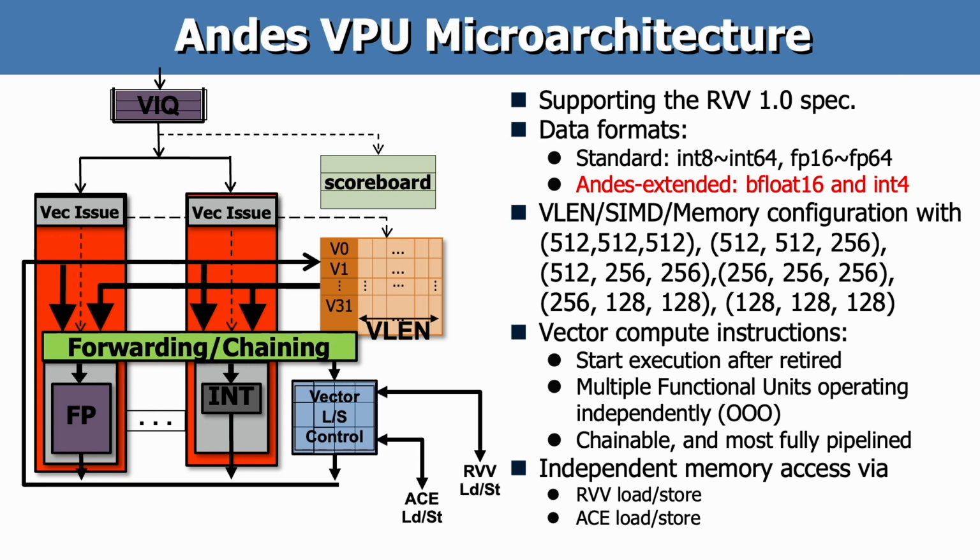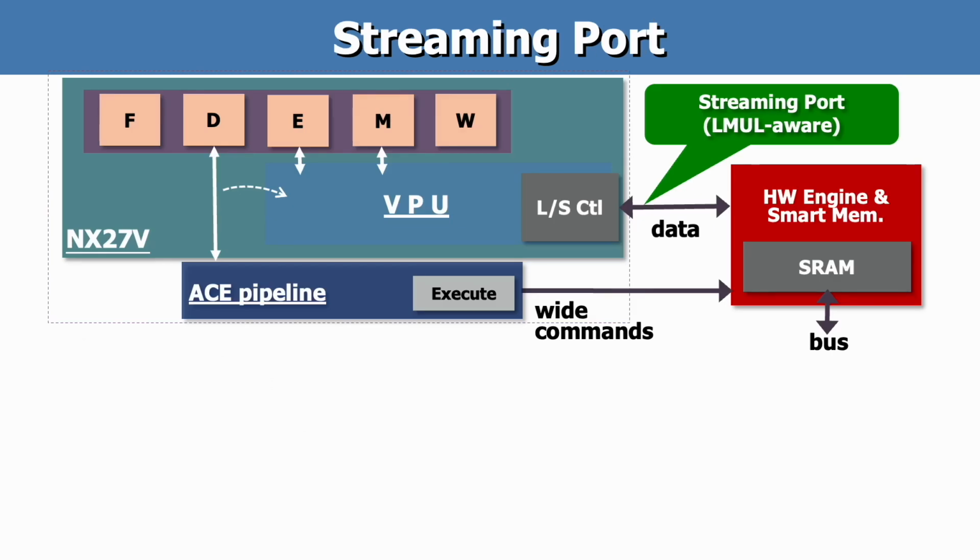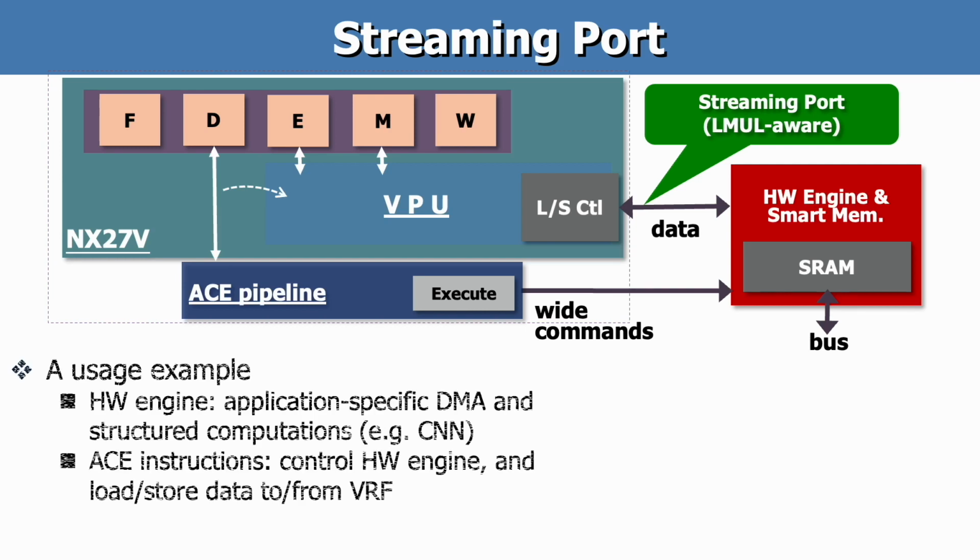Let's look at our streaming port a little bit in detail. A streaming port is a dedicated port created with Andes custom extension to communicate with external accelerators and memories. It is controlled by custom instructions in the ACE pipeline. So, quick example, maybe I have a frame buffer specific memory that resides off core that needs processing.